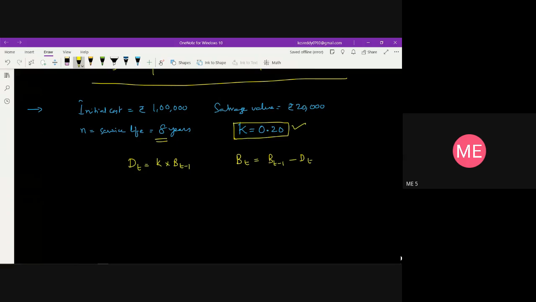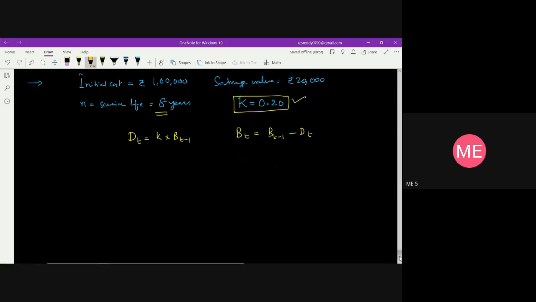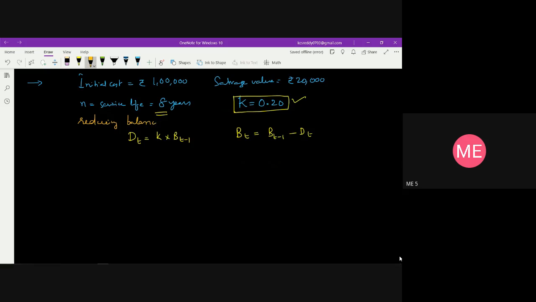So by using these equations, we are going to find the depreciation schedule for the 8 years by using the reducing balance method. Because he has given k as a fixed percent of 0.2, there is no need to mention that you can use the reducing balance or declining balance method; we need to use this method.